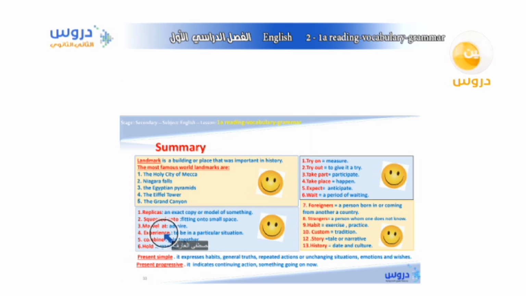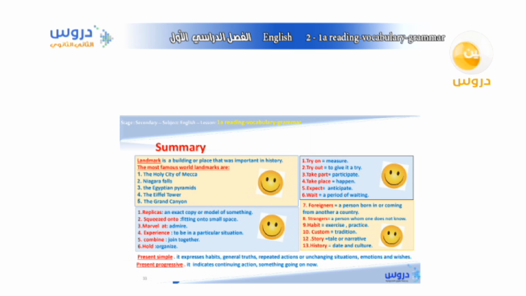Also, we had some nice vocabulary, and we got their meanings, like replicas, an exact copy or model of something; squeeze into, fitting in one small place; marvel at, admire; experience, to have a particular situation; and combine, join together; hold, to organize some event in a place.